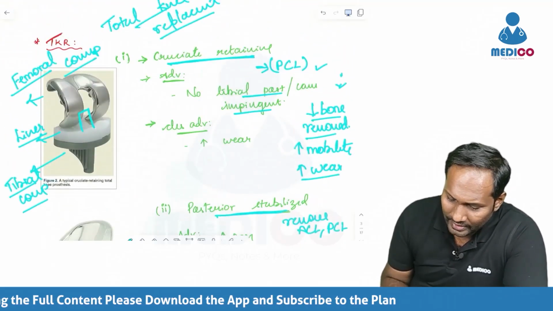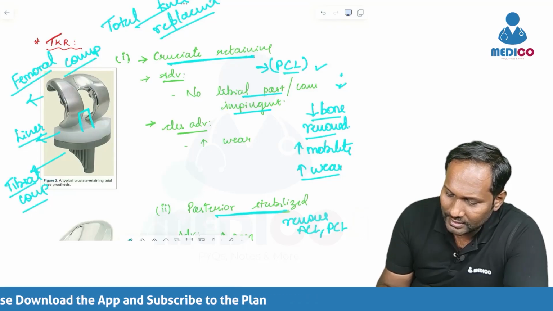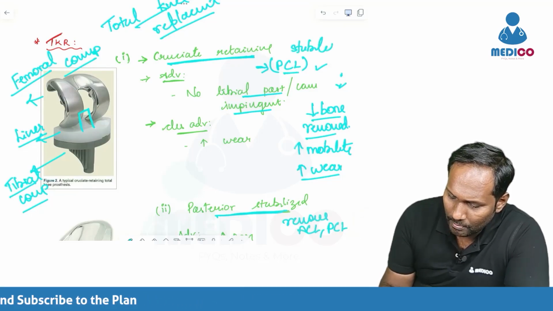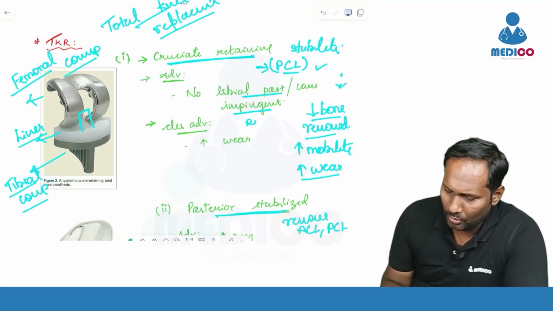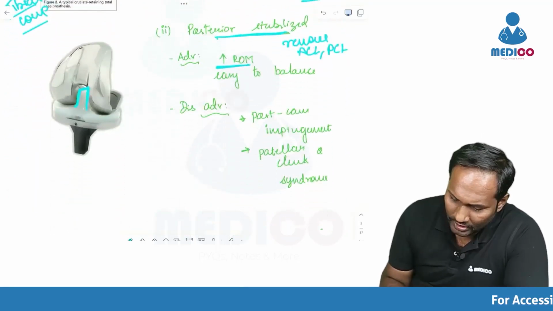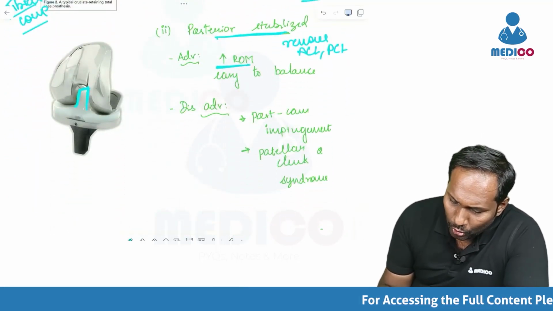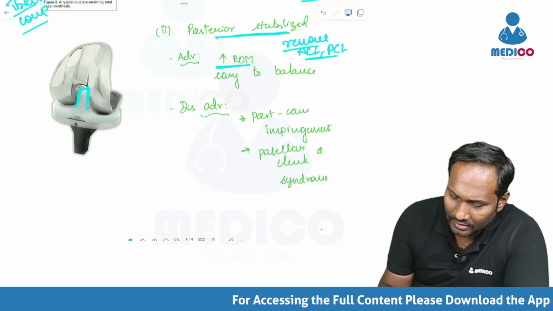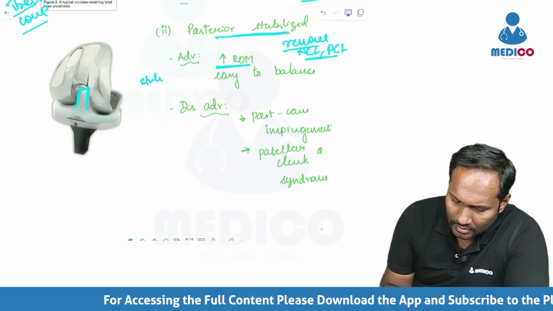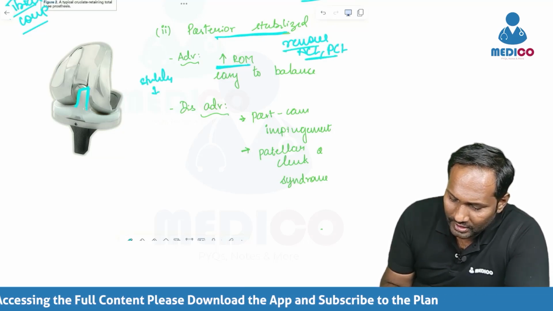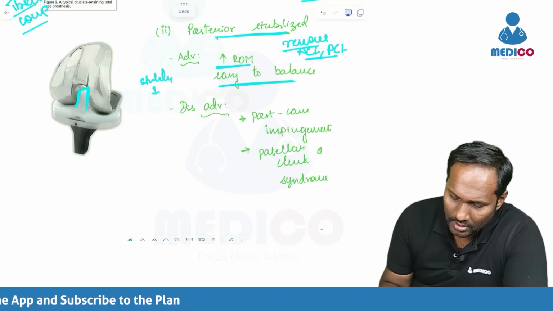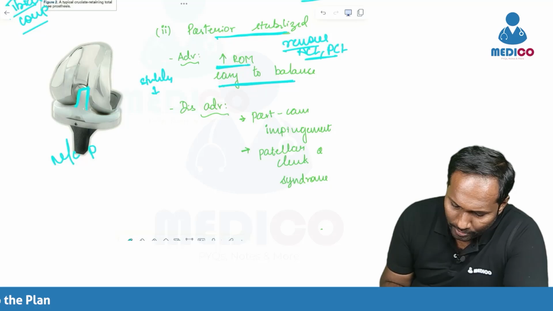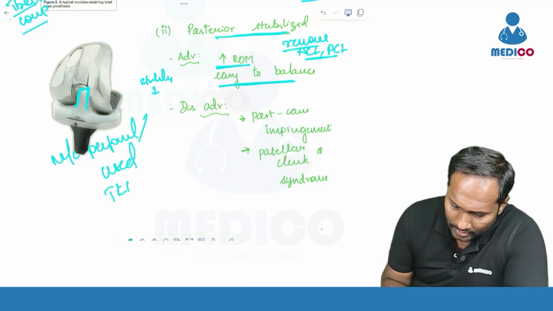Since the native PCL is intact in the cruciate retaining, the stability is more, but I can only do it to some extent of ROM. Here, since there is no native ACL or PCL, the stability is slightly decreased, but it gives me increased range of movements and is much easier to balance.